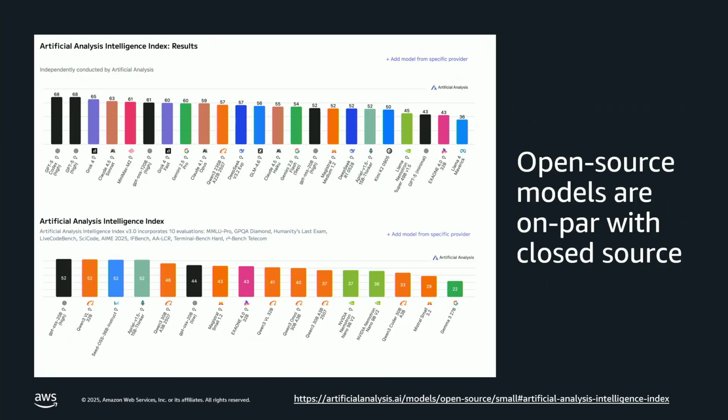So when we say flexibility, right? This is a screenshot from Artificial Analysis, which has become the industry standard to look at performance. Now, the key point I want to make here is open source models are on par with closed source models. And we have many customers who want to use open source models for multiple reasons: because of the open source ecosystem with Hugging Face, because of the ease of customizability that you can have with open source, and the cost efficiency that you have.